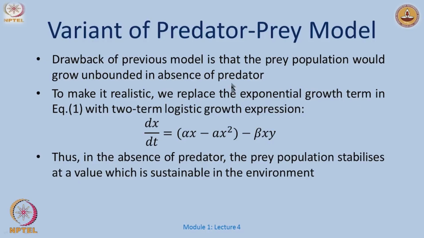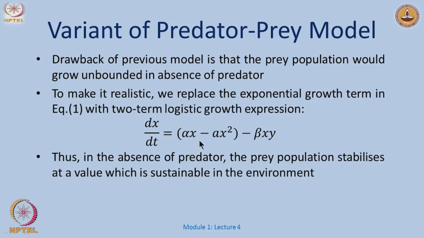Okay. So, the drawback of the previous model was that the prey population would grow unbounded in absence of predator, which means they would never die by themselves, which contradicts nature. There will be small fish which will die naturally, and therefore, to make it realistic, we replace the exponential growth term. Earlier we had dx by dt equal to alpha x, which represented an exponential growth in population.